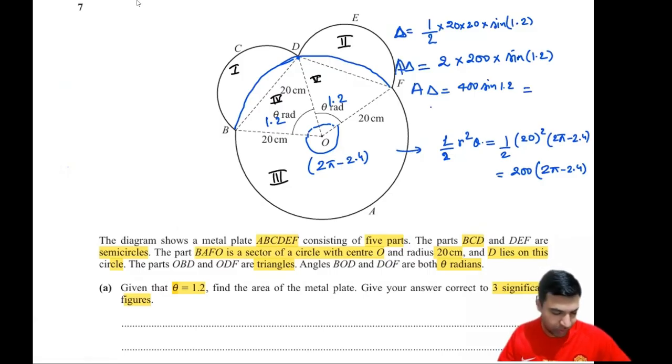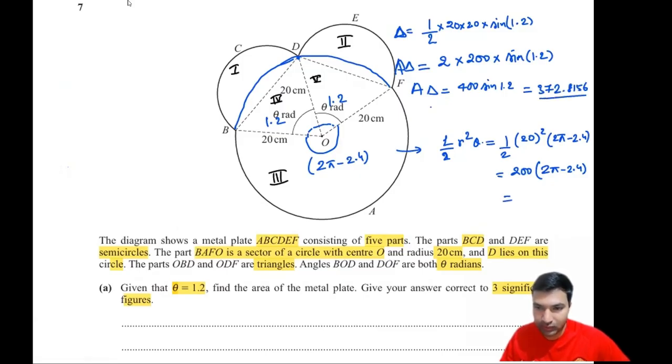So which is nothing but, finally we get 776 point, or sorry, this is not 776. You will get it as 372.8156. Got it? So this is what we got.